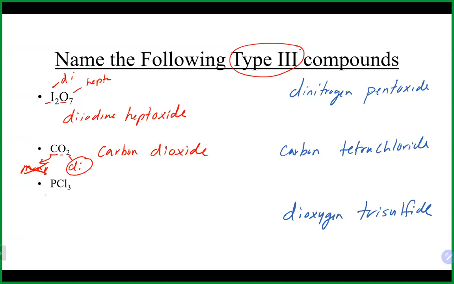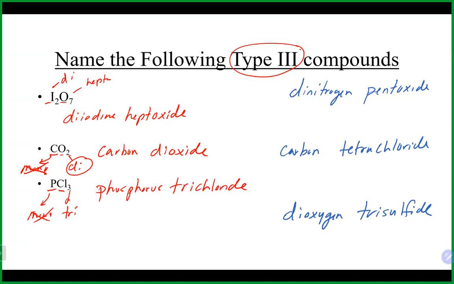Lastly, here we've got phosphorus is a nonmetal, Cl, which is a nonmetal. That is 1 of them, which is mono. That is 3, which is tri. Once again, no mono on the first name there. So that's going to be phosphorus, and we're going to have a trichloride happening here. Any questions on any of those names?